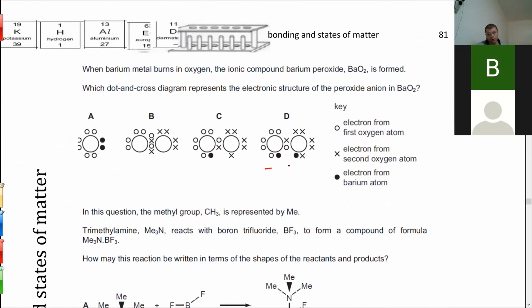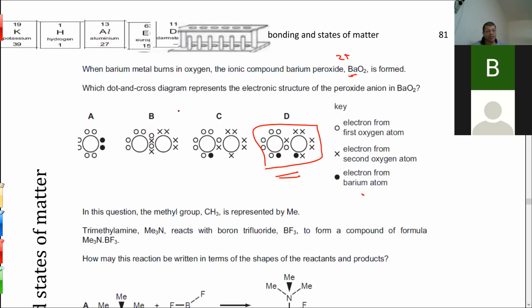Once you have 7, you're going to make this covalent bond. This barium is carrying 2 positive. So we have 2 electrons lost. Each one of those oxygen gain 1 of them. So around each oxygen, after gaining the electron, you have 7 electrons. So oxygen with 7 electrons able to make 1 single covalent bond with the other identical oxygen with 7 electrons. And this is the answer. Clear for us?